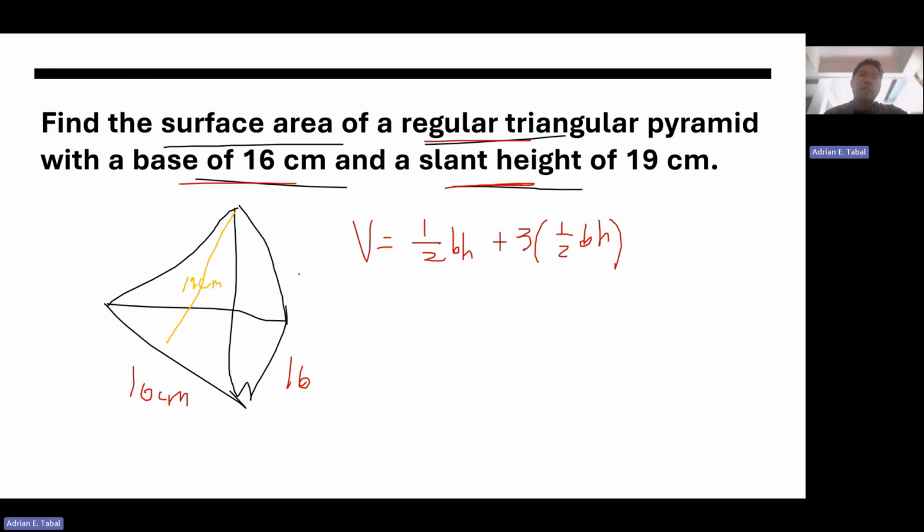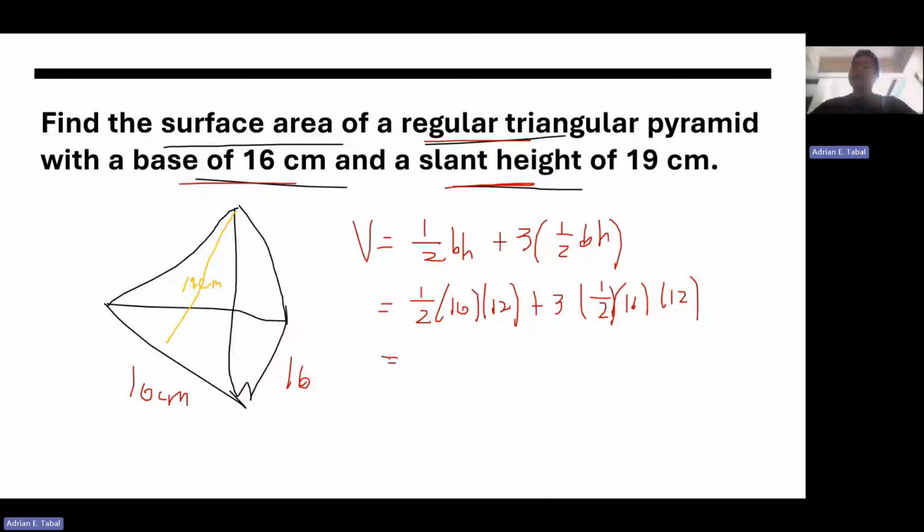Sixteen times 12 divided by 2 is 96 for the base area.